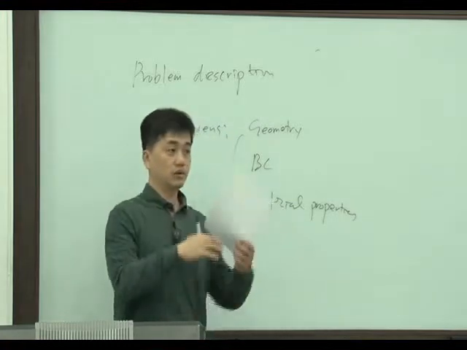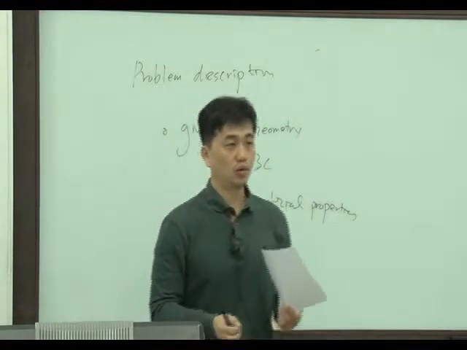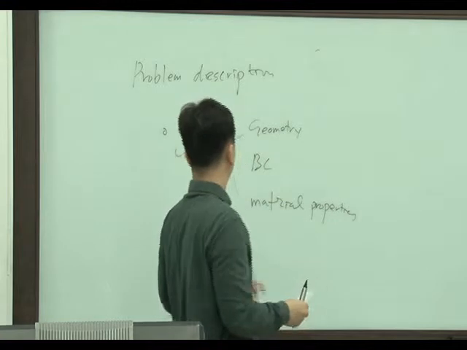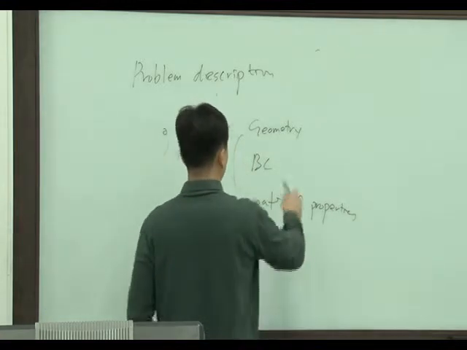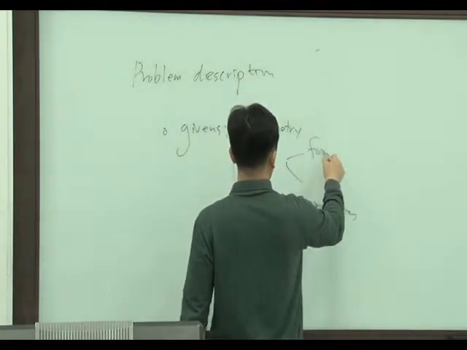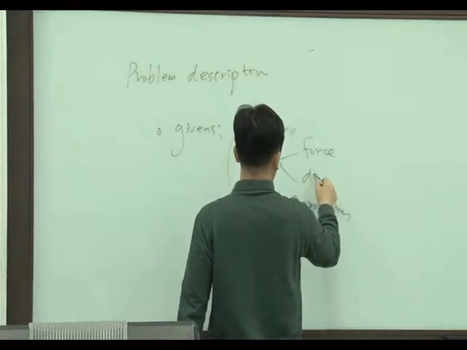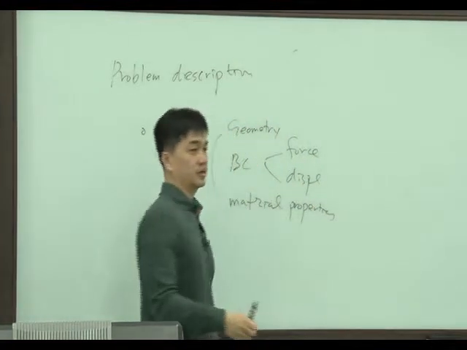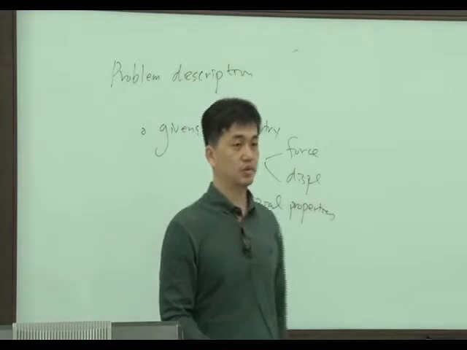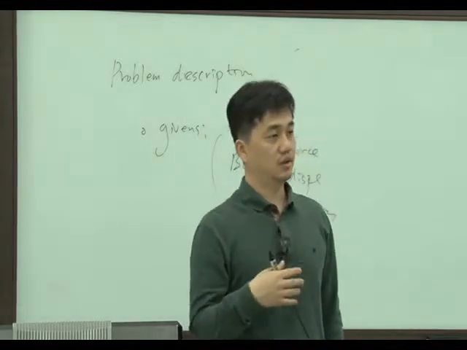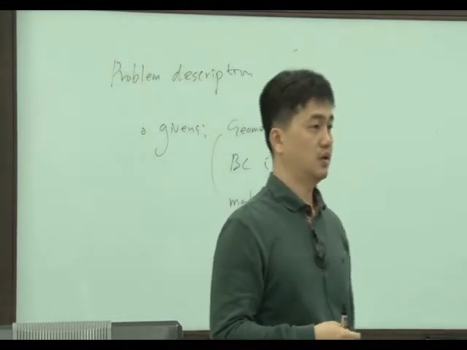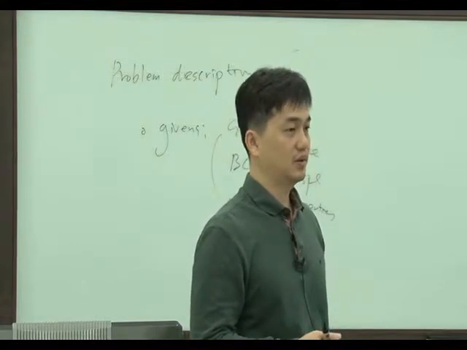So we know the shape of the body, we know the force boundary and displacement boundary and material property. For example, we know the Young's modulus, and we know the Poisson ratio.